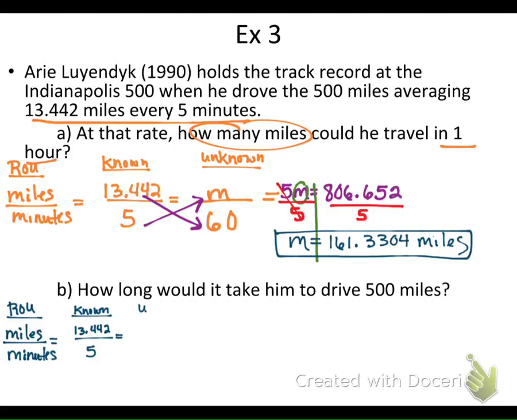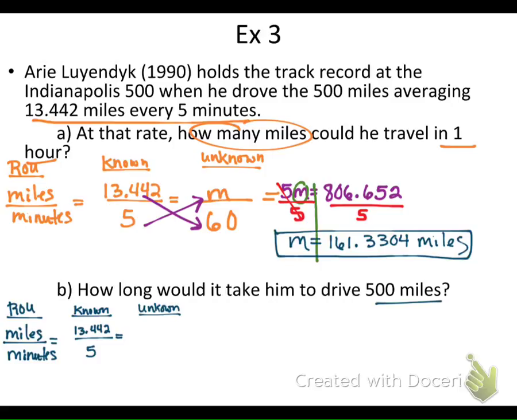And then our unknown. This is the new part. It's now asking me, how long would it take him to drive 500 miles? What number do I know? 500. 500 what? Miles.